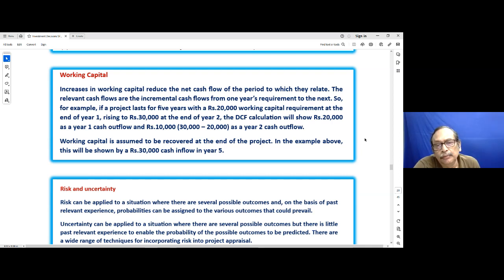Working capital is assumed to be recovered at the end of the project, and the example that I have given here will be shown by a rupees 3,000 cash inflow in year 5, assuming the project having a life of 5 years.